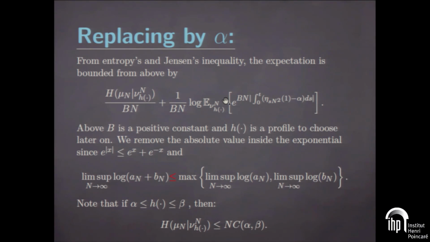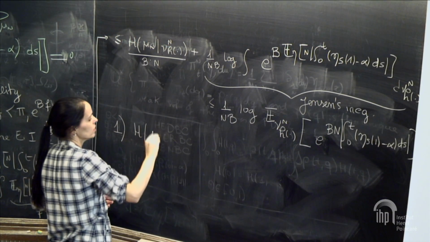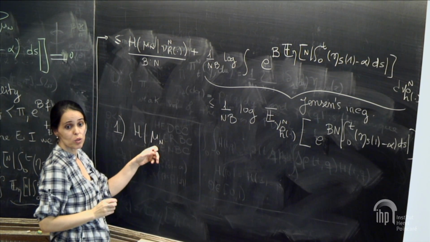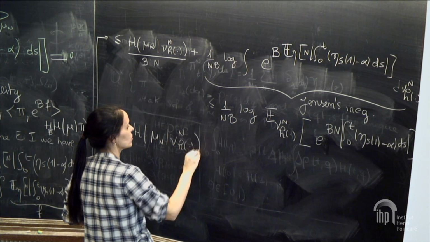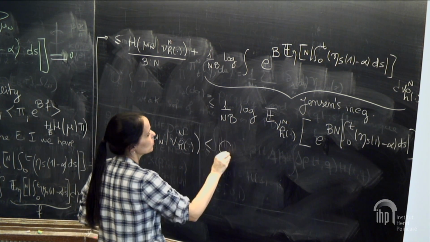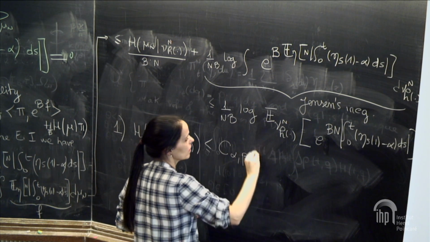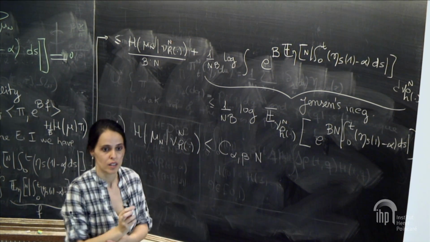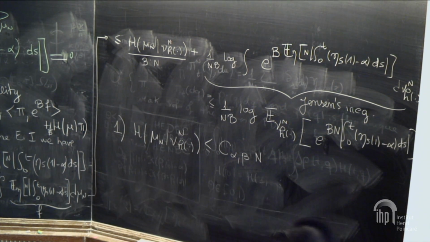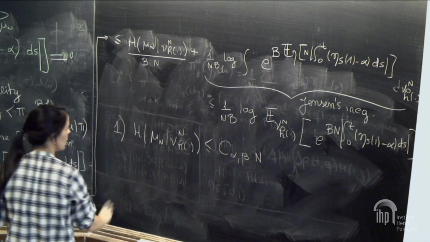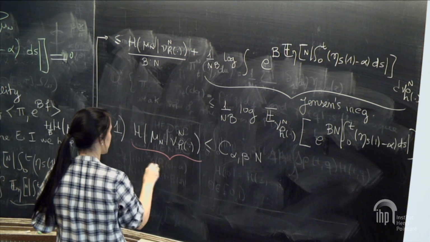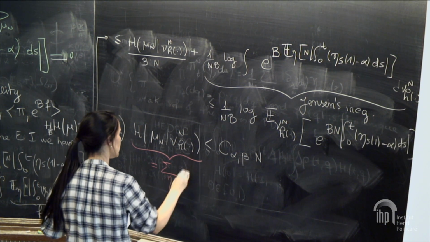And I say that this entropy, whoever is the measure mu n, is bounded by a constant, which depends on alpha and beta, times n. Okay? So to compute this, we can write this as the sum of a eta.